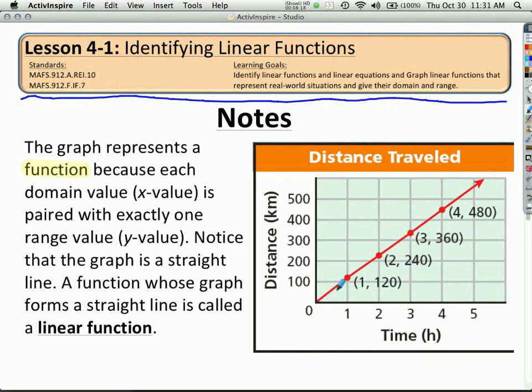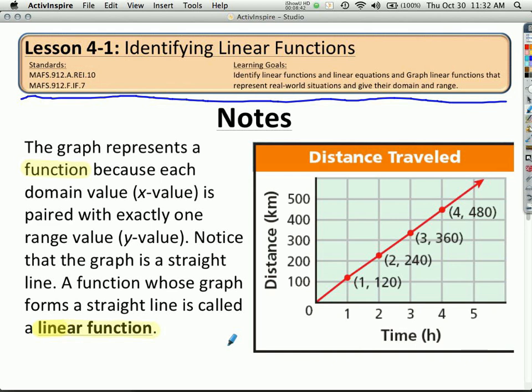And that means that this is a function of a particular type. It's called a linear function. And yes, you need to be able to say the word linear. And linear sounds like a big boy word, but it's actually very simple because the first four letters spell the word line.